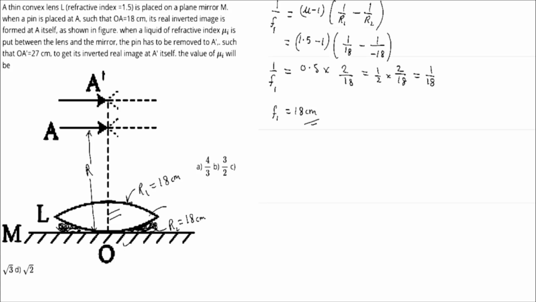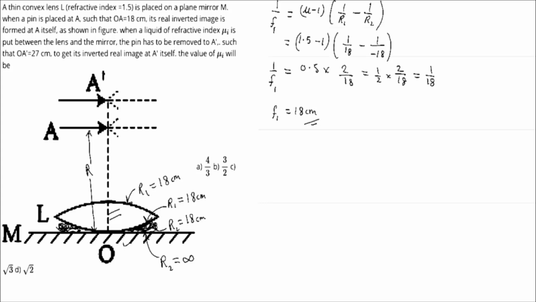This is R1, and this R1 will be the same because the liquid will take the shape of that lens, so it will be 18 centimeter. Now if I talk about this other curve, it will take the shape of the mirror which is completely horizontal flat, so its R2 will be infinite.